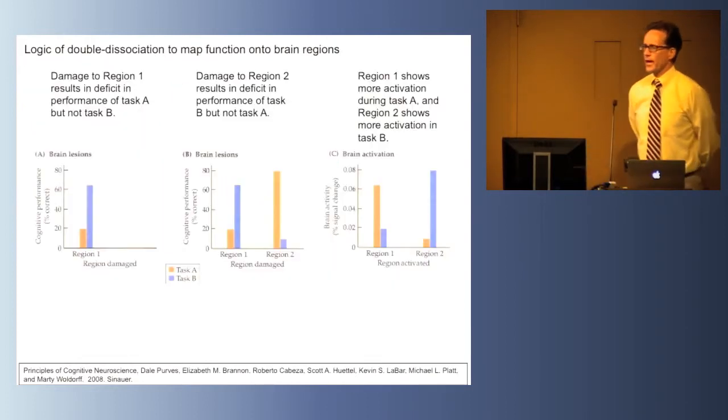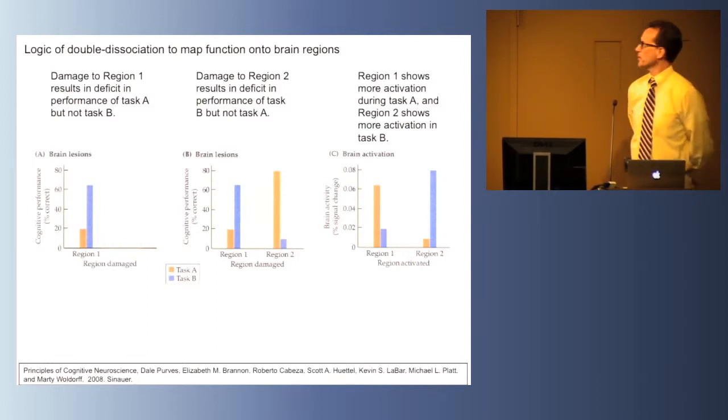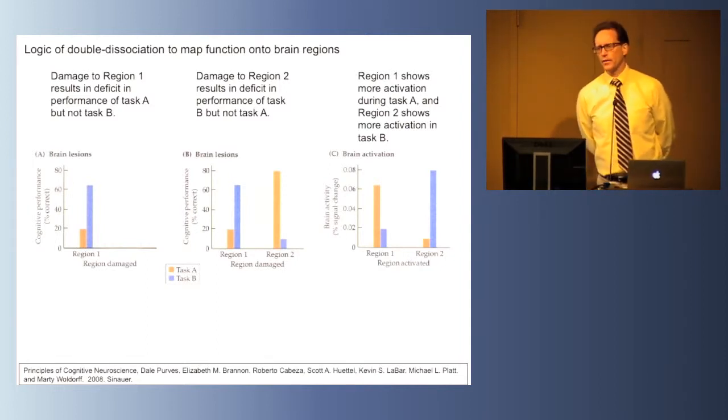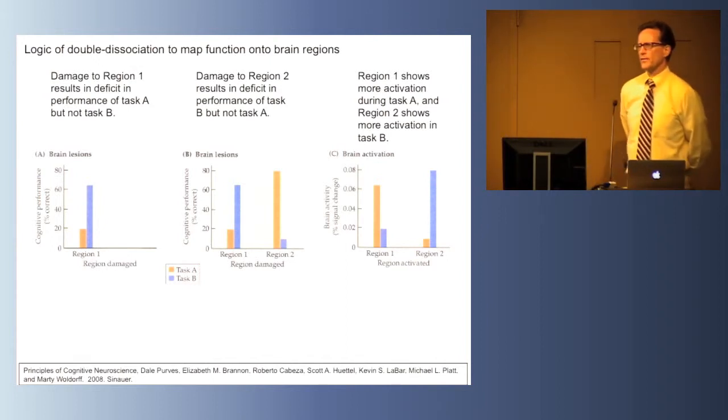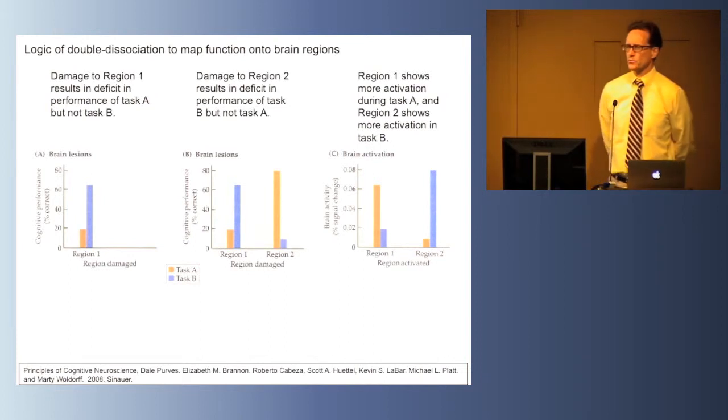I want to introduce now the logic of double dissociation that is used to map function onto different brain regions. It can be used in functional imaging studies. The logic was developed and is portrayed here with brain lesions as well.